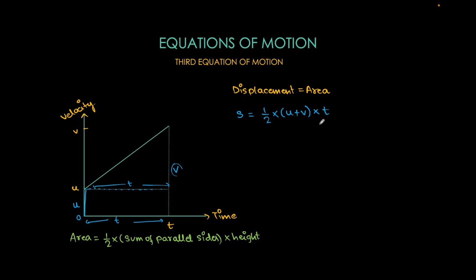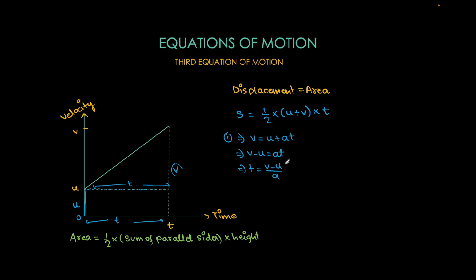Right? Now again, what we can write from the first equation of motion is that v is equal to u plus at, right? So if you bring u to this side, we have v minus u is equal to at, and so t is equal to v minus u divided by a.